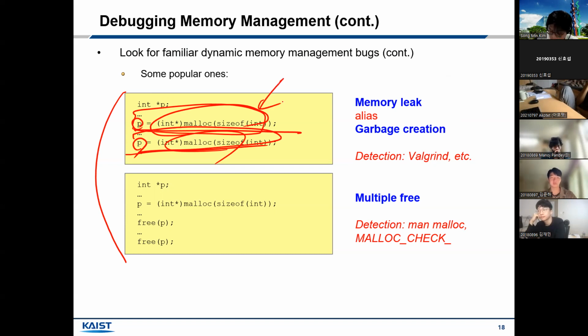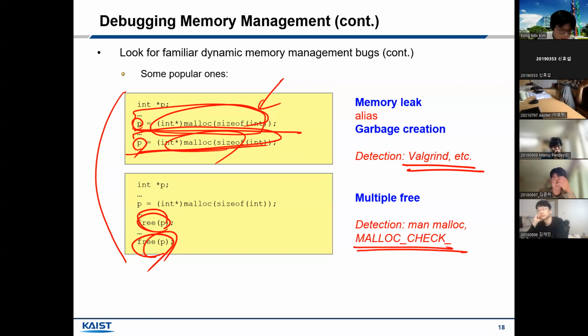The first memory space will not be accessible anymore, because you lost the address to it. That can be found by tools like Valgrind. Another typical error is that you free the same space twice, and that can be found by setting the variable MALLOC_CHECK.